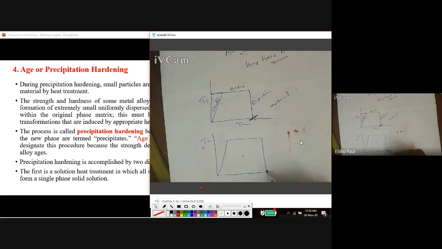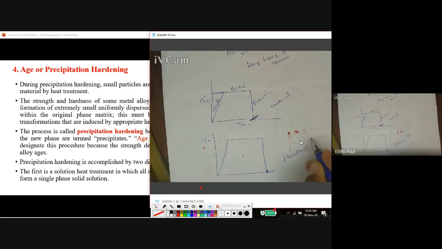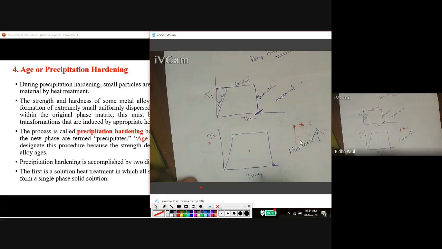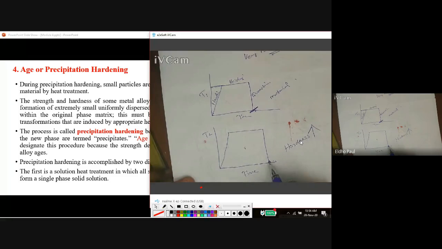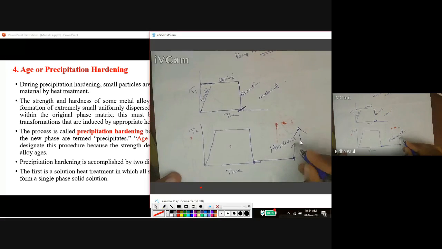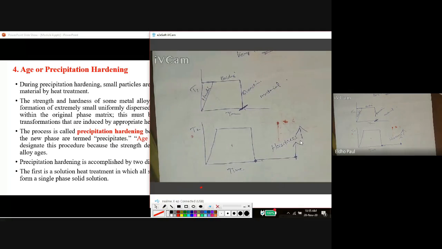And he found that the hardness had improved. That means, in this diagram, this is time. After quenching, he maintained the sample at room temperature for a long time, and at this point he got a very hard material. So this is an excellent invention. Accidentally he invented this way of increasing hardness, and this is called age hardening.